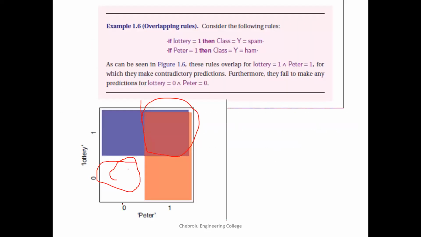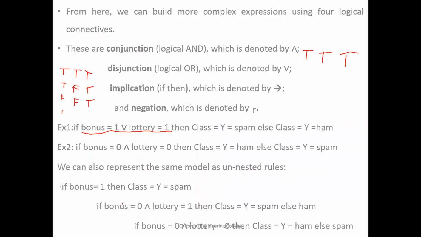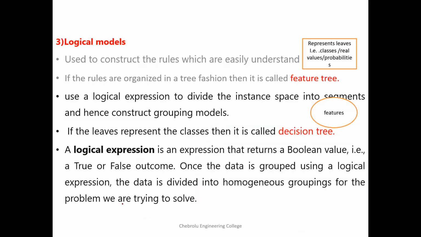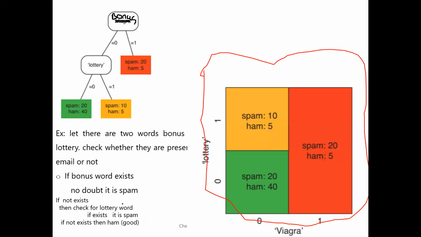This is called a logical model. Let me just revise what a logical model is. Logical models are mainly used with logical expressions, my dear friends. Here, a flowchart or a logical diagram is drawn, where boxes represent classes and the rectangle shapes represent features.